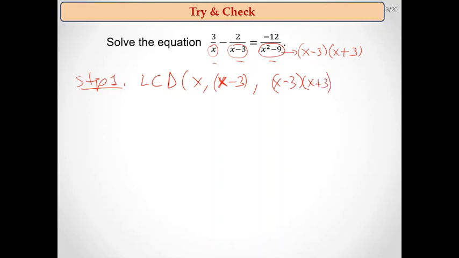Okay, x is not common, so I will directly write x. x minus 3 is common, but the highest power is the first power, so I will say 1 here. And this is not common, so I will directly put it here. So step 2 is to multiply both sides with the LCD.